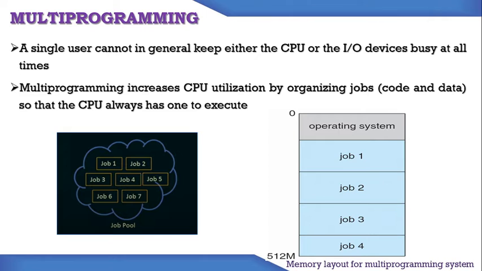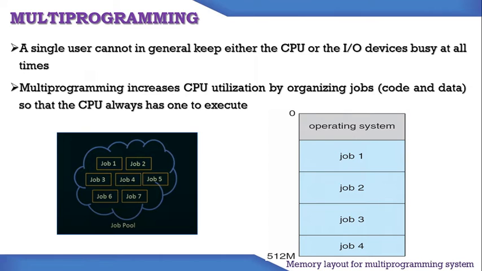In multi-programming, let's see the example again. Job 1 starts executing, using the CPU, and in the course of its execution tries to use the IO devices.